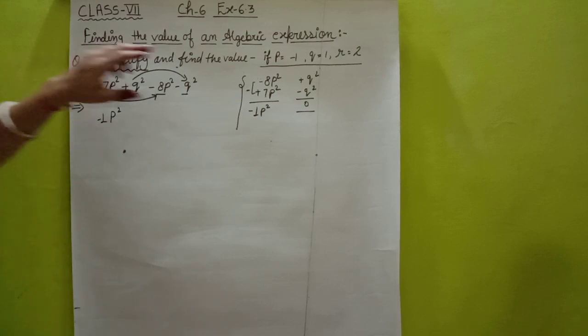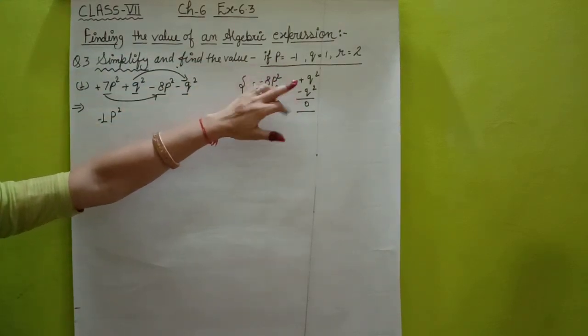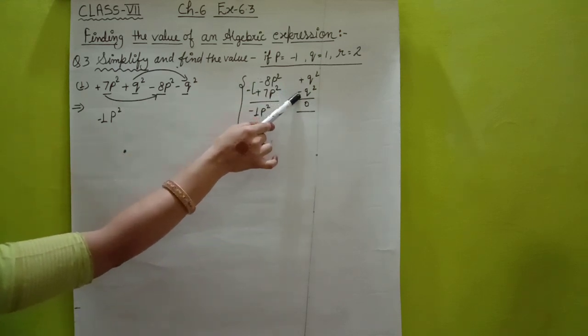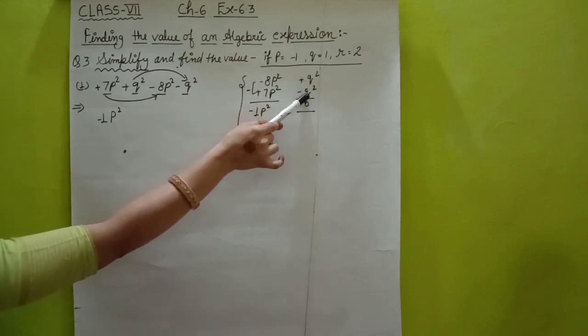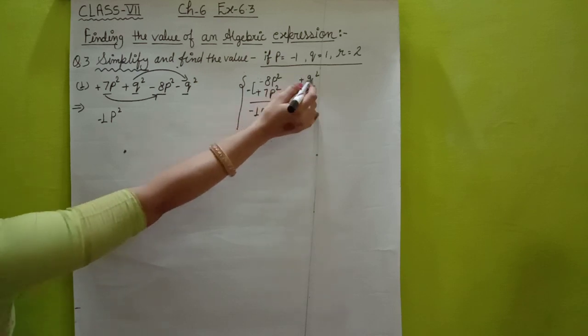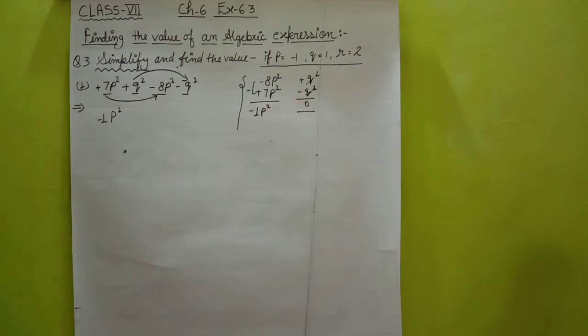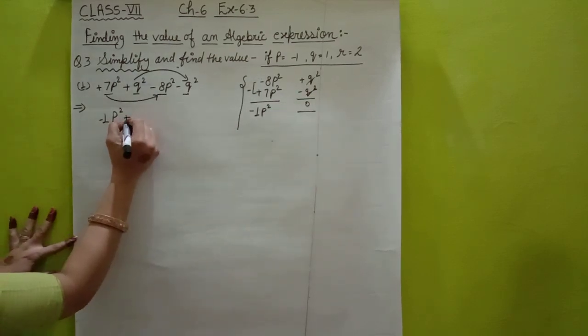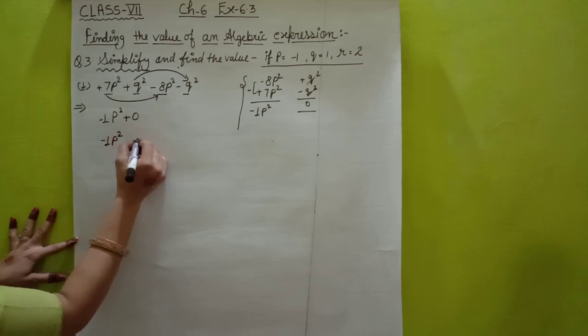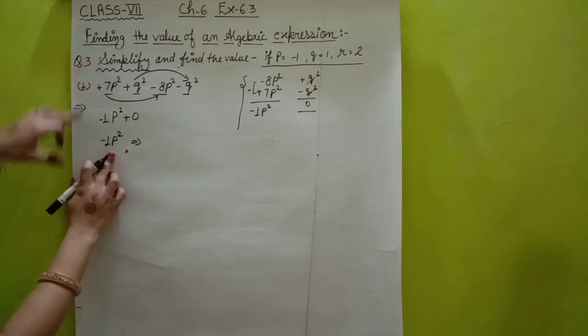I told you, students, when variables are the same, powers are the same, but signs are opposite, they will cancel each other out and the answer will be 0. So here what will come? 0. So your answer is minus 1p square. Now we have simplified.